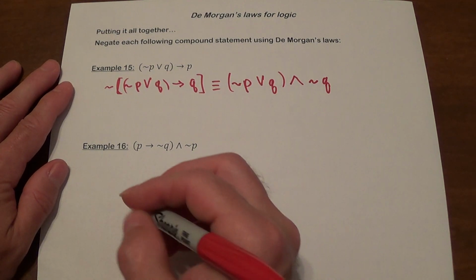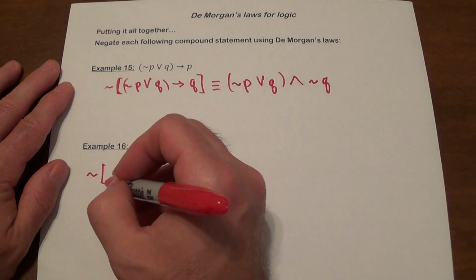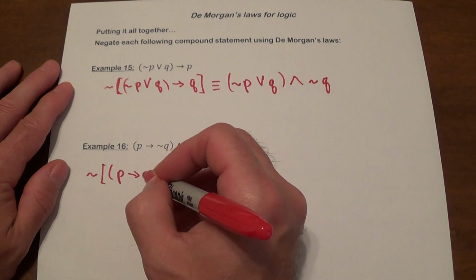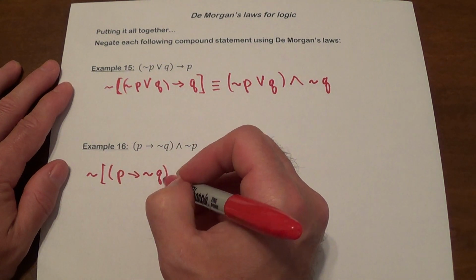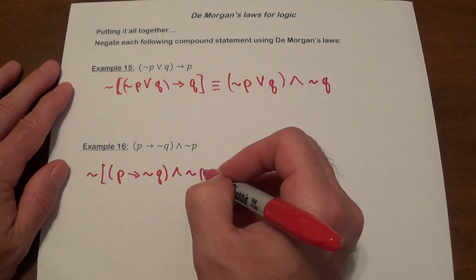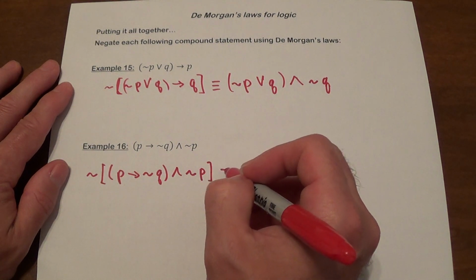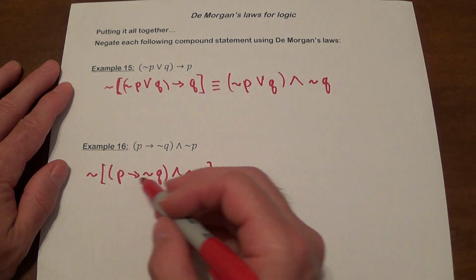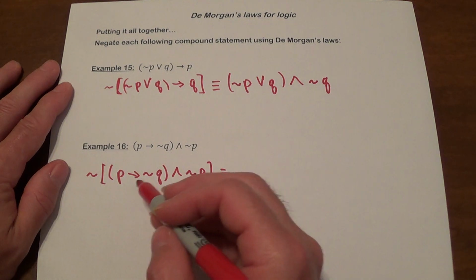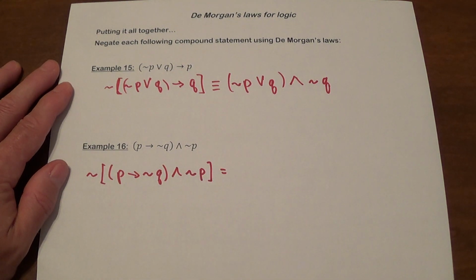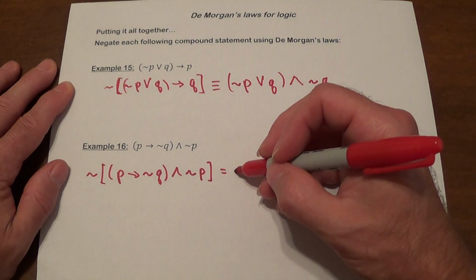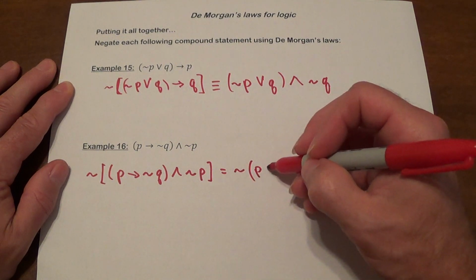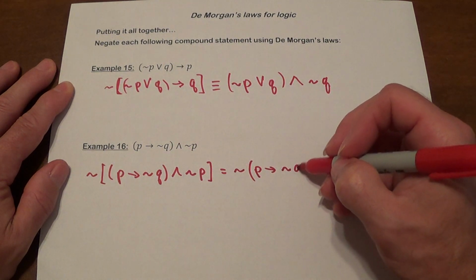For number 16, we're trying to negate this here. So we have to negate this statement first, which is a conjunction. To negate the conjunction, you're going to do not, the first part of the statement.